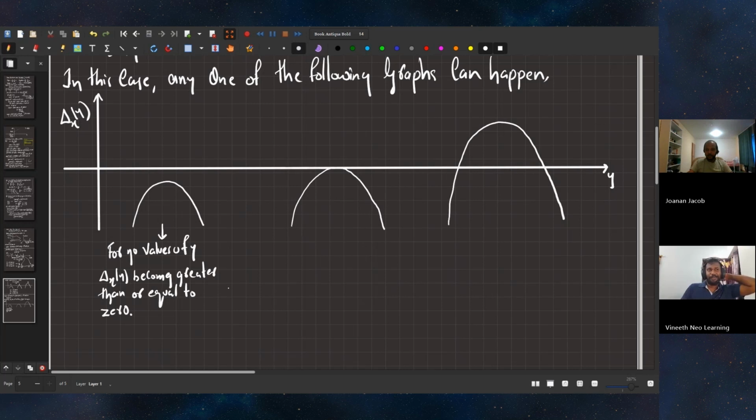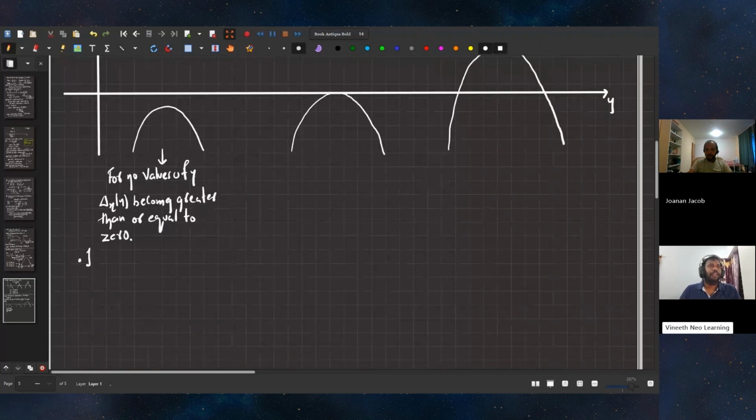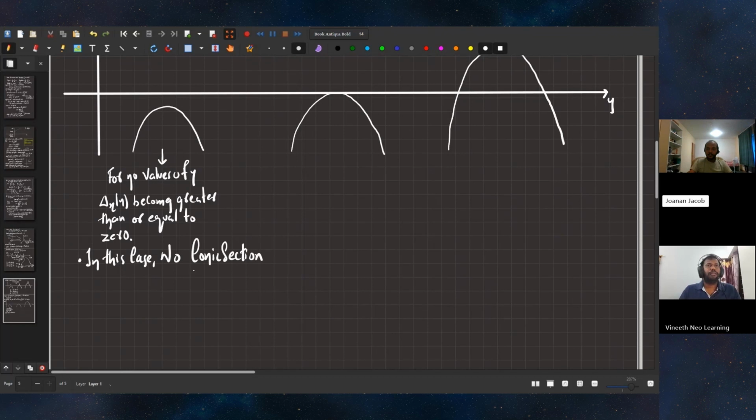In this case, no conic section formed. Because we are giving our study note freely available online, if someone wants to download and read it, in this case no conic section will be formed in the xy plane.